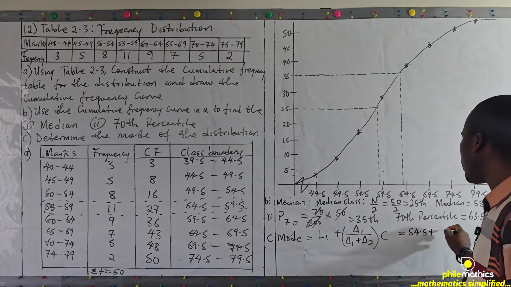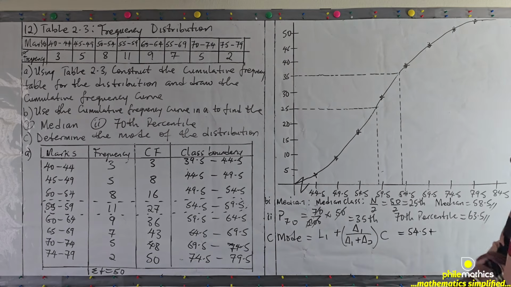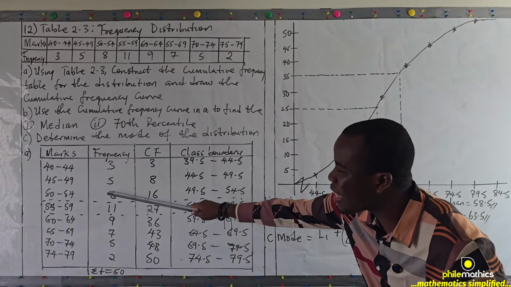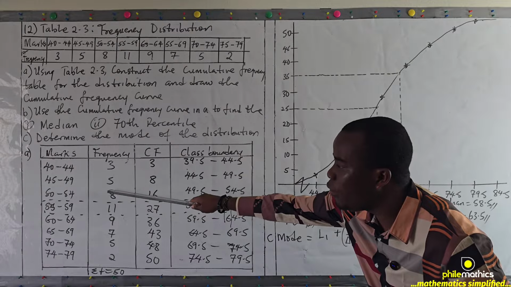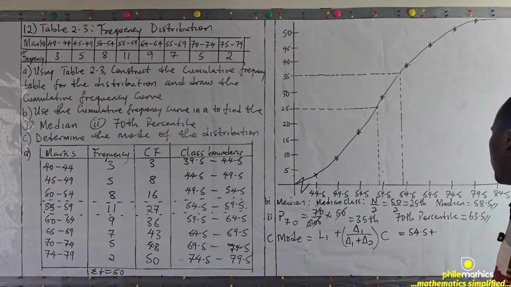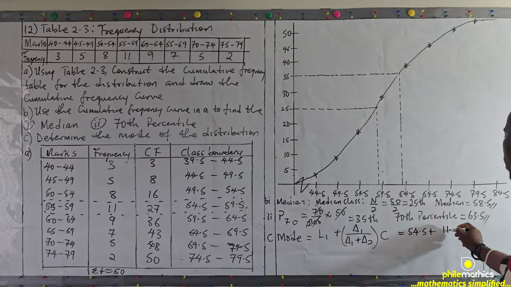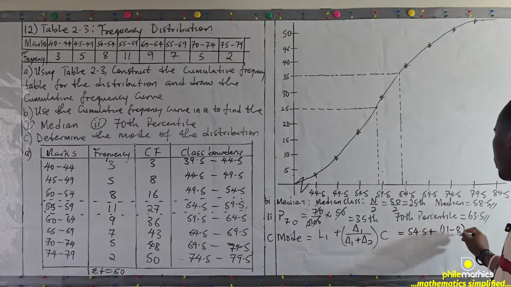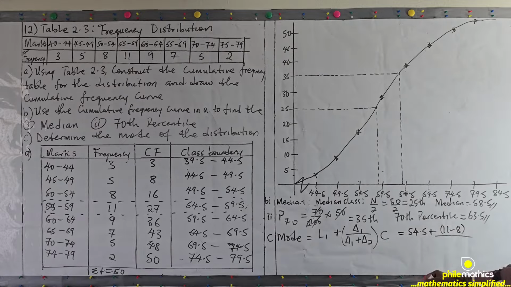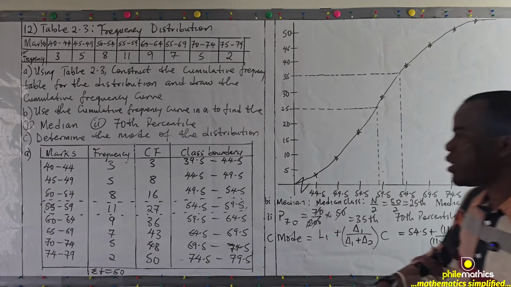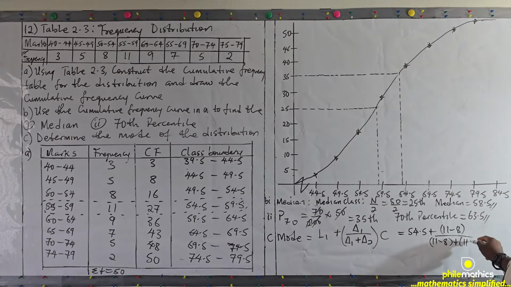So this is 54.5 plus delta 1, which is the difference between the modal class frequency and the frequency before the modal class. So this is 11 minus 8, over delta 1, the same thing, plus delta 2, which is the difference between the modal class frequency and the frequency after the modal class, 11 minus 9.